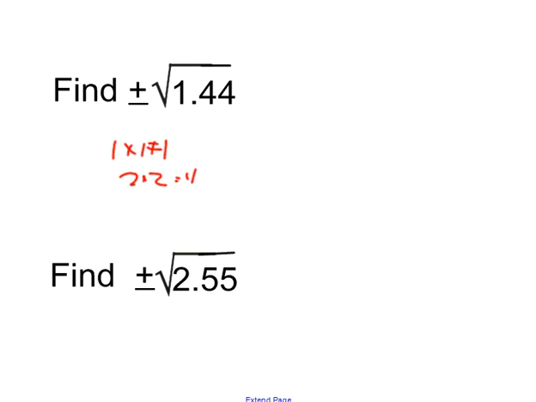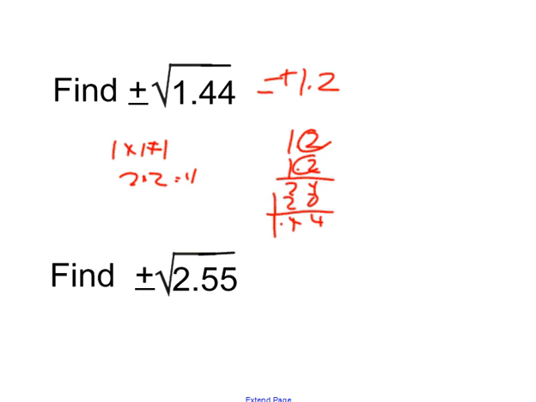I think if I look at 1.2 times 1.2, let's check that out. 2 times 2 is 4, 2 times 1 is 2. 2 decimal points, 1.44. So the square root of 1.44 is 1.2, and it's the plus 1.2 or the minus 1.2. Both of those numbers would work.